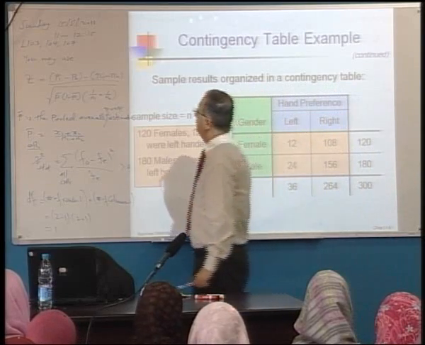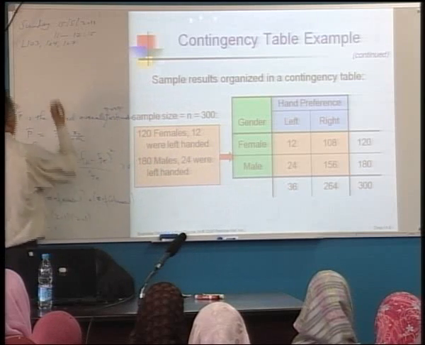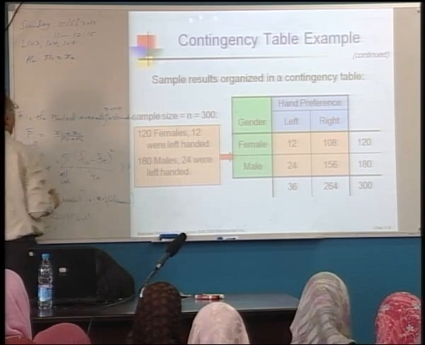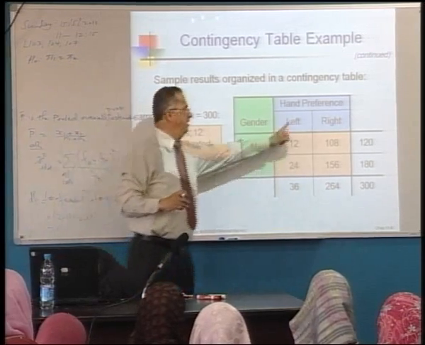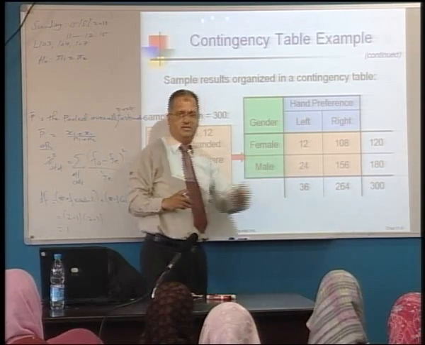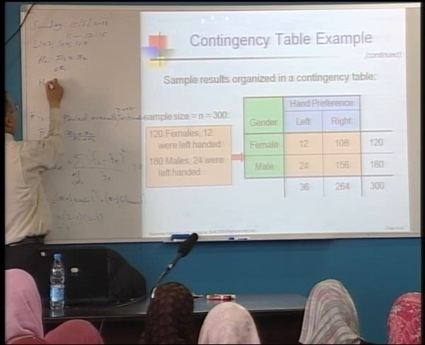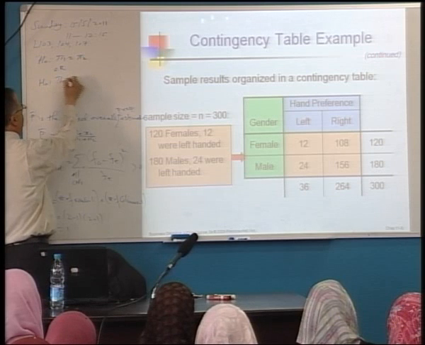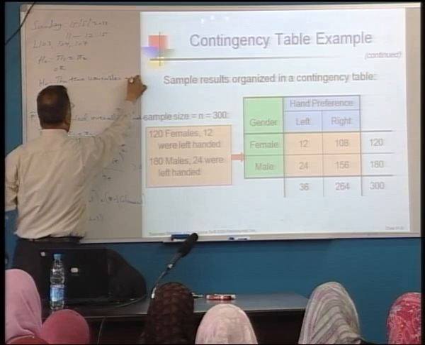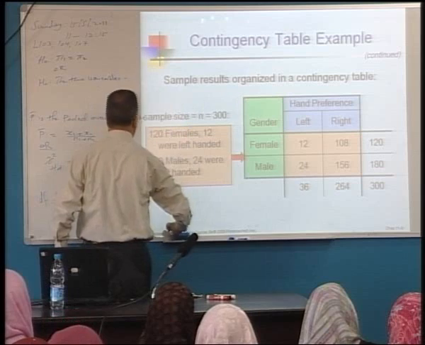In this case, your null hypothesis could be written as either H0: π1 equals π2. So the proportion of left-handers for females equals the proportion of left-handers for males. So π1 equals π2, or, as we'll see later, H0: the two variables of interest are independent.